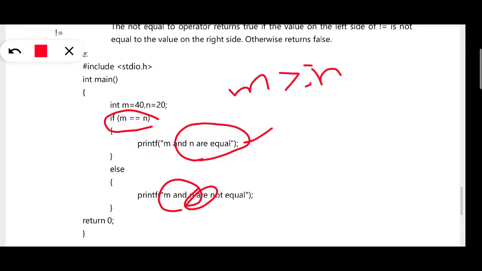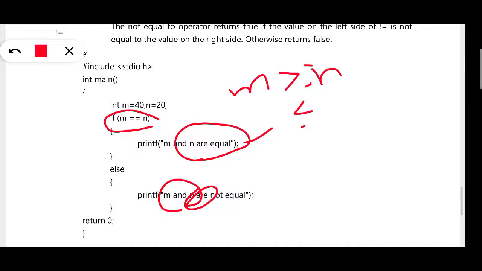At the same time, less than or equal to, you can write it as less than or equal to. In printf, m is the bigger value.